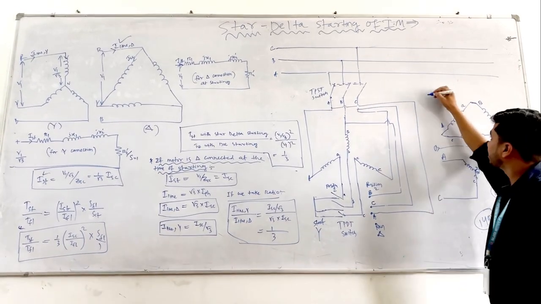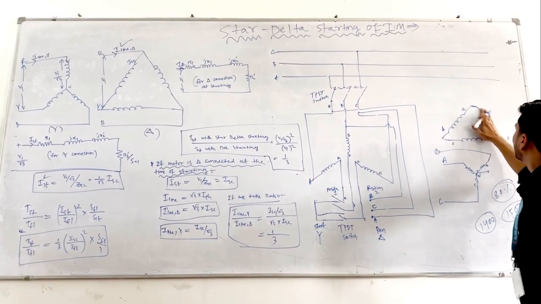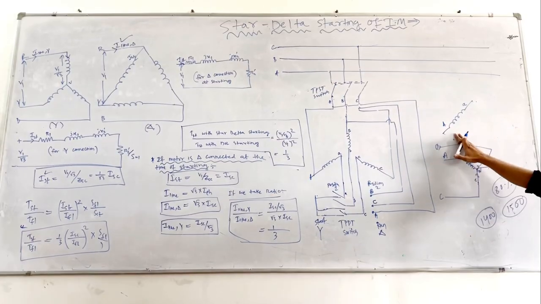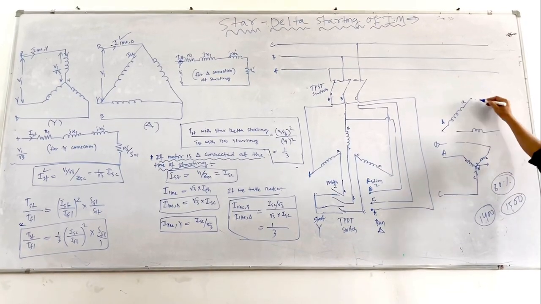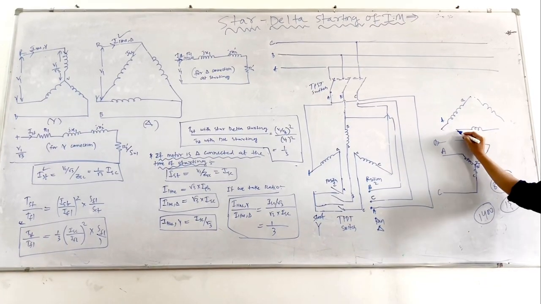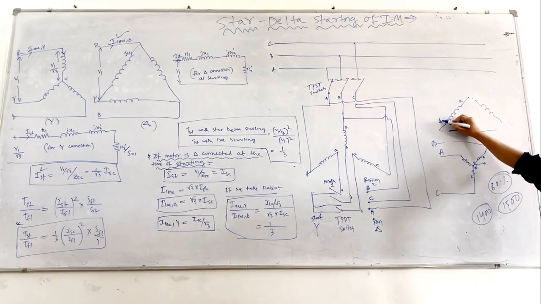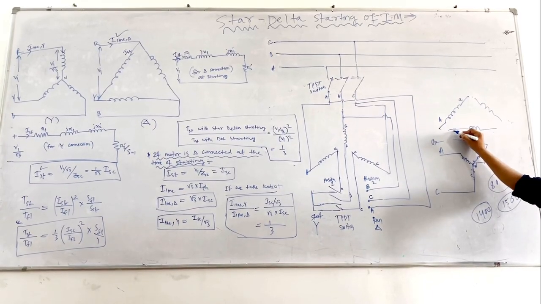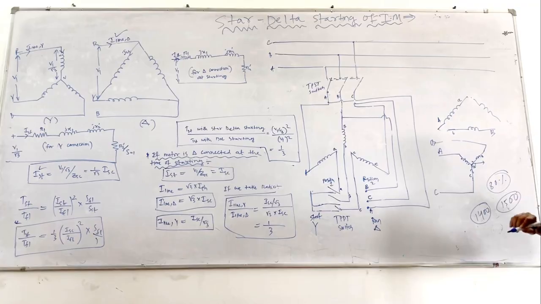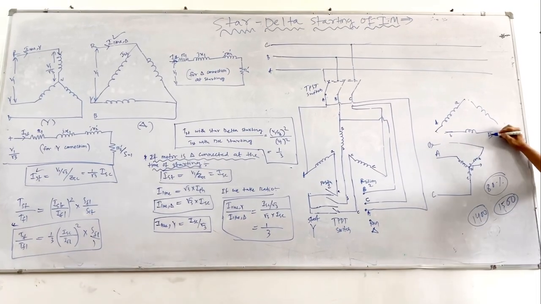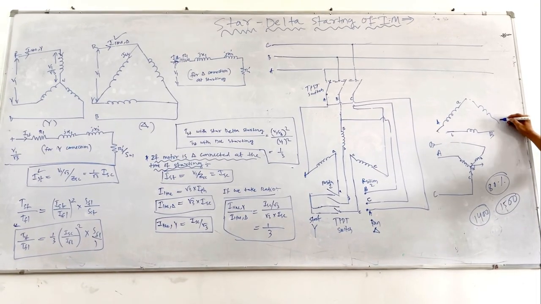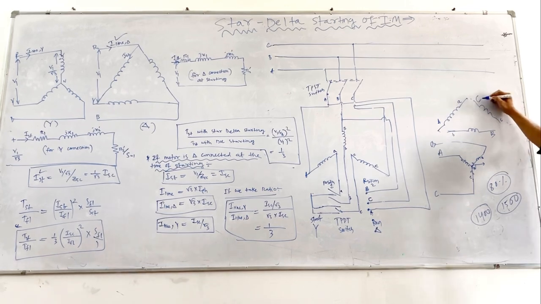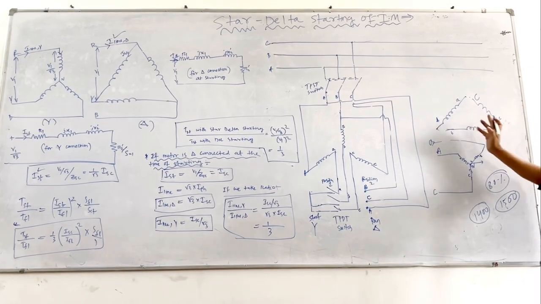I have connected like this also. Suppose this is the winding: capital A, small a. Suppose this is my small b, capital B. This side must be small c, capital C. So this can be your connection also.